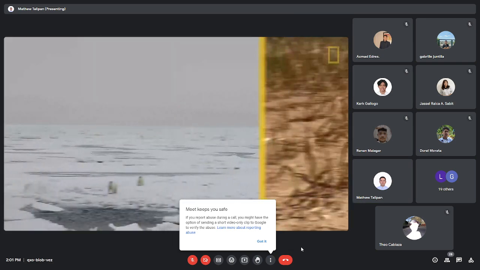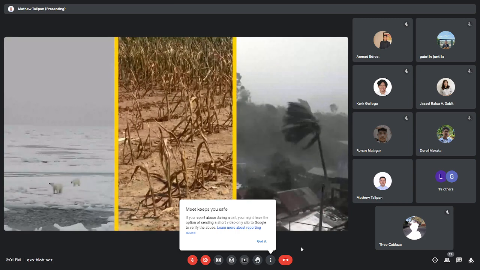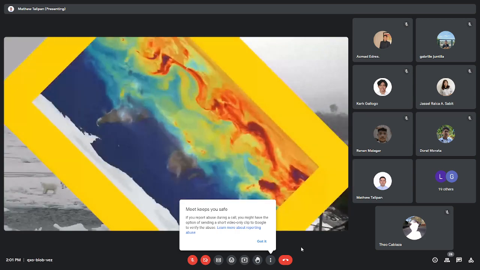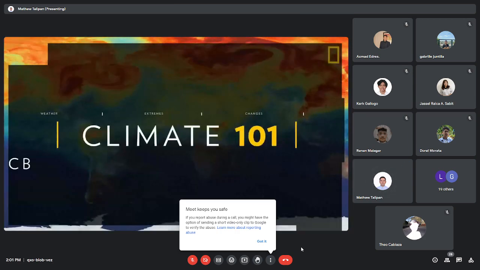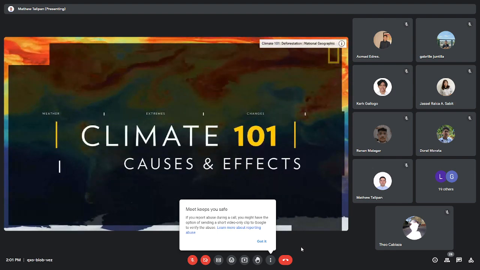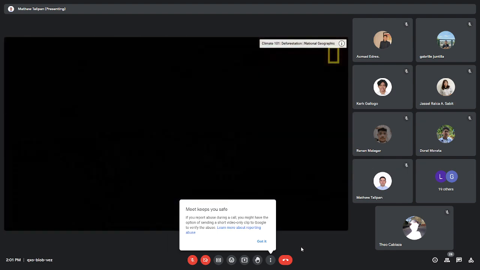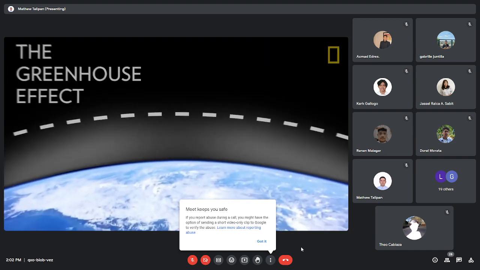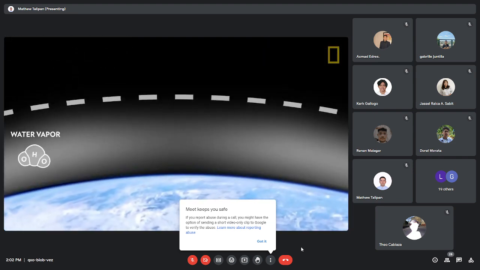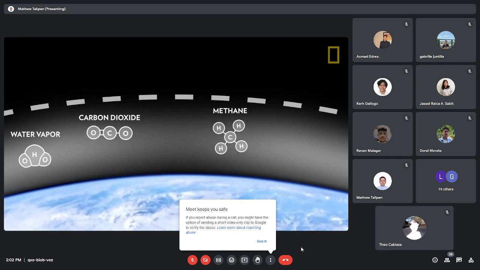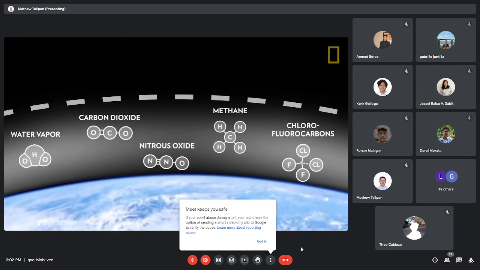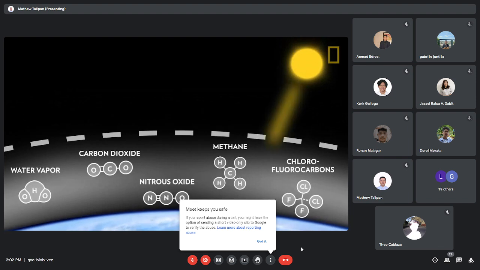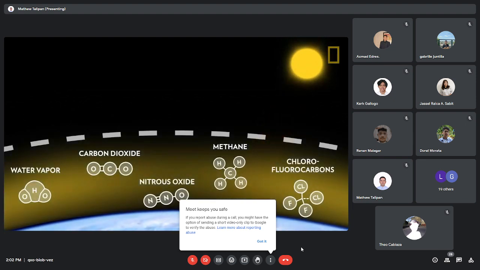Populations are driving up the Earth's temperature and fundamentally changing the world around us. The main cause is a phenomenon known as the greenhouse effect. Gases in the atmosphere, such as water vapor, carbon dioxide, methane, nitrous oxide, and chlorofluorocarbons, let the sun's light in, but keep some of the heat from escaping, like the glass walls of a greenhouse.